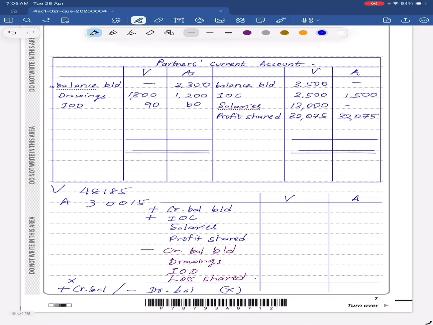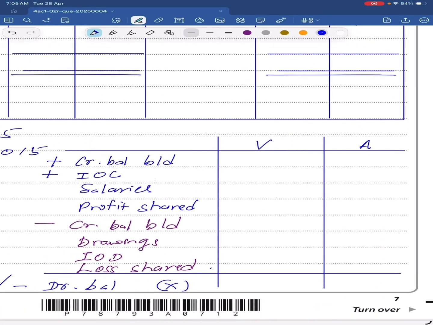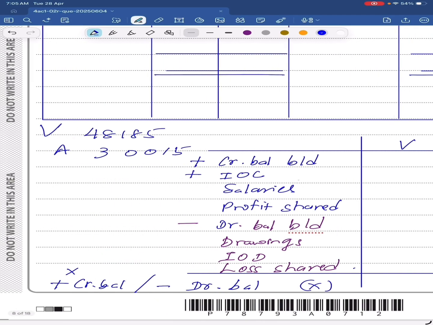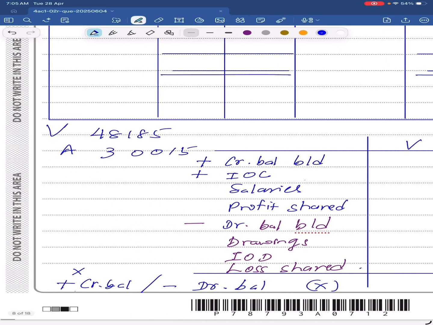If not, an alternative method could be the factors that we add: credit balance of a current account opening balance, interest on capital, salaries, profit share, and then deduct any debit balance in the opening balance of a current account, drawings, interest on drawings, loss share. Suppose if you get a positive answer, it's a credit balance. If it's a negative answer, it's a debit balance which needs to be deducted in the SOF.